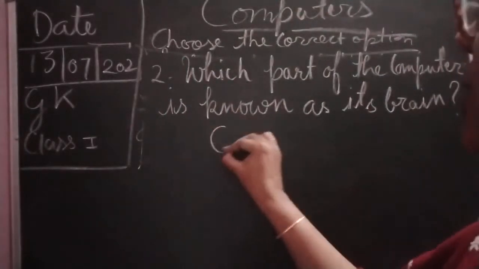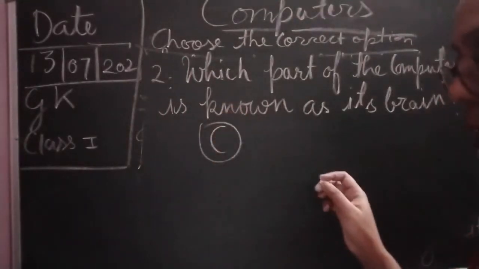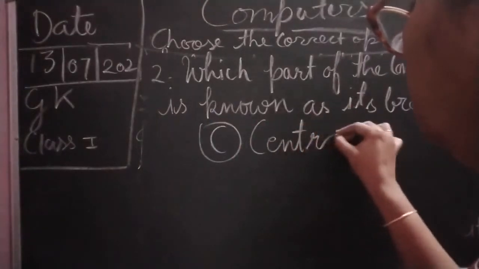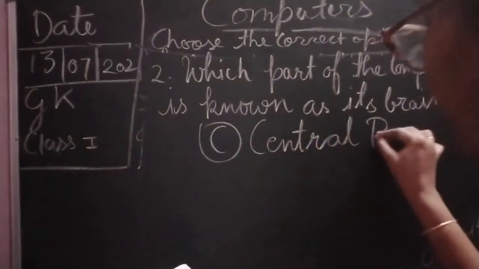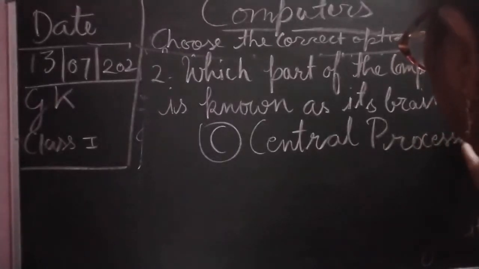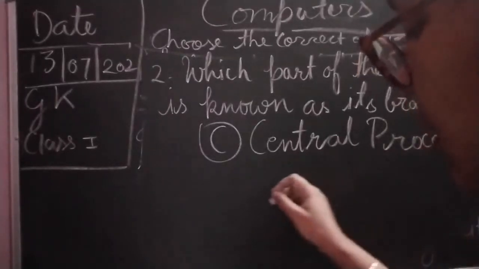Option C we are going to choose, that is central processing unit, children.